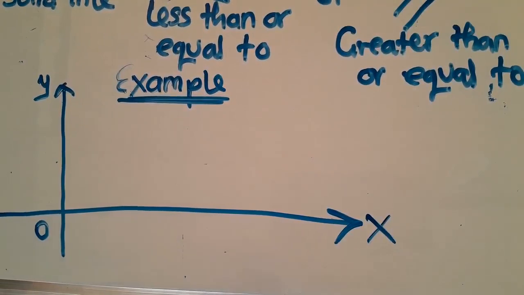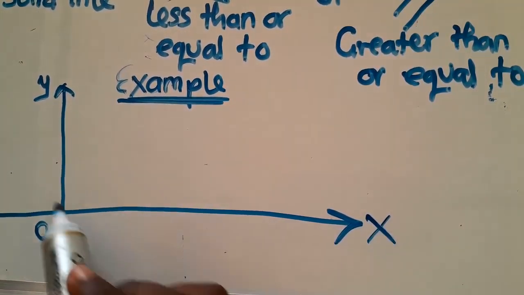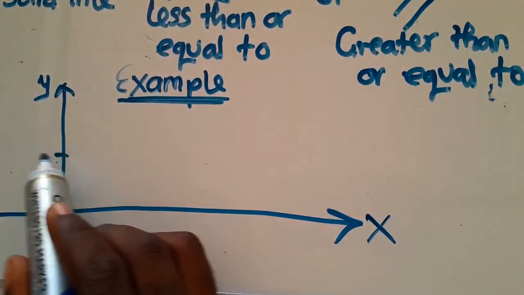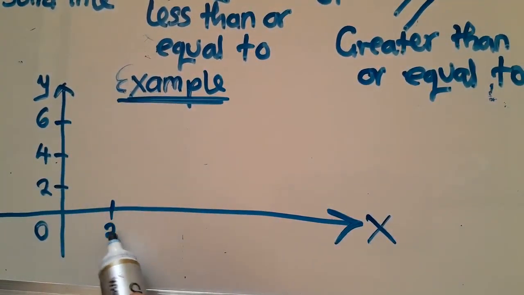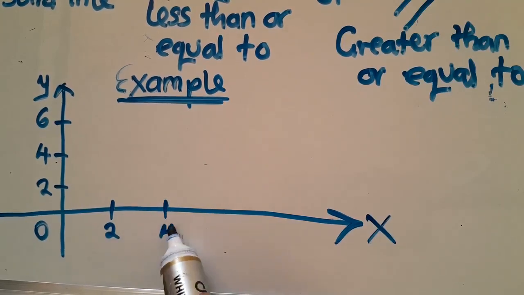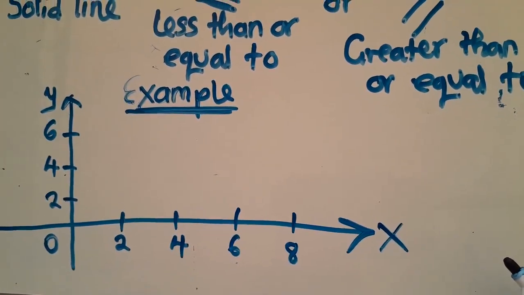So let's say you have the numbers 2, 4, 6 here, and 2, 4, 6, 8 here. You are given something like this.